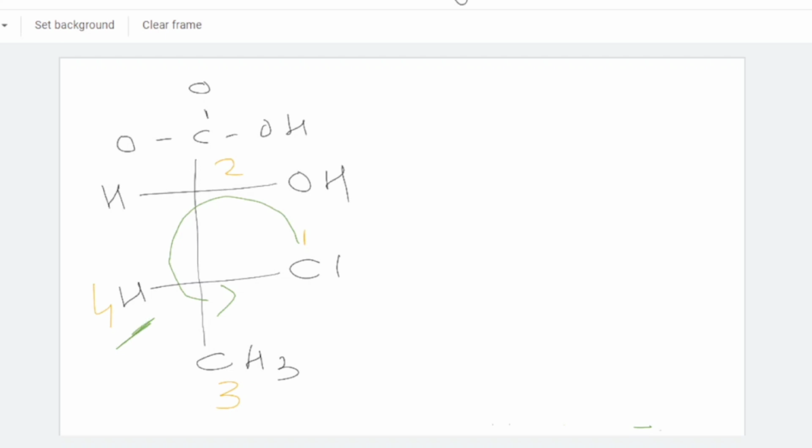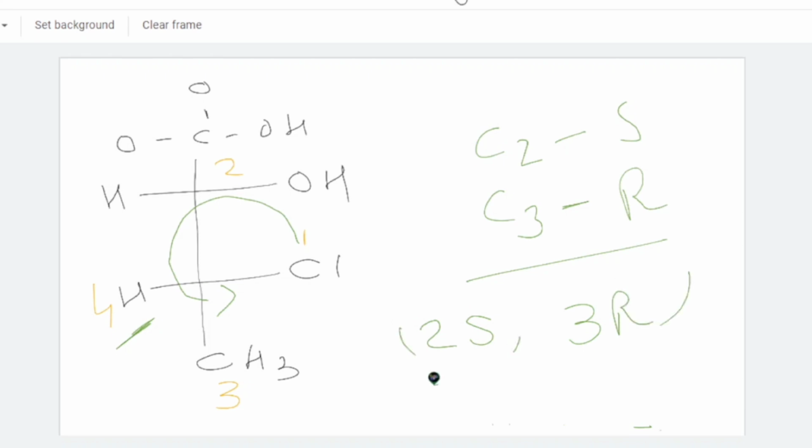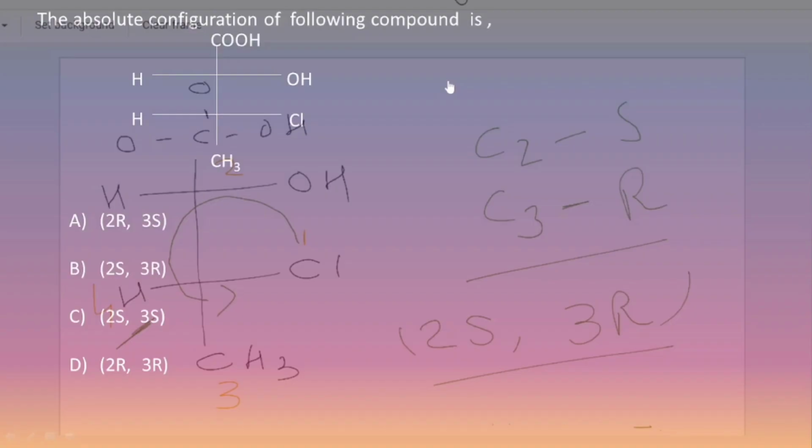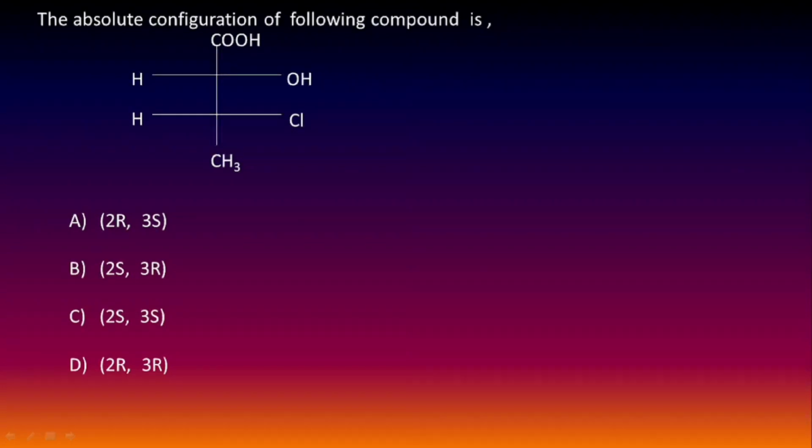If H, the minimum priority, is on horizontal line and the direction is anti-clockwise for 1, 2, 3, so the C3 will be R, and as found first, C2 is S. So the right option is 2S and 3R. So what will be the right answer? 2S and 3R.